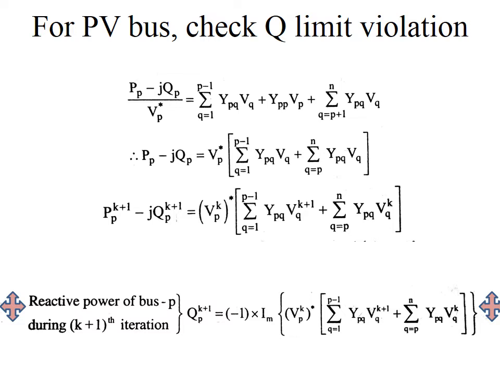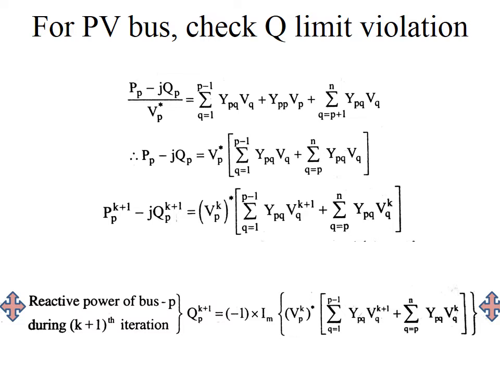Rearranging the basic load flow equation by keeping the reactive power term only on the LHS, we arrive at the final expression for checking the reactive power limit of the generator bus as Qp(k+1) equal to minus 1 into imaginary part of Vp(k) conjugate into (sigma q equal to 1 to p minus 1 Ypq Vq(k+1) plus sigma q equal to p to n Ypq Vq(k)).